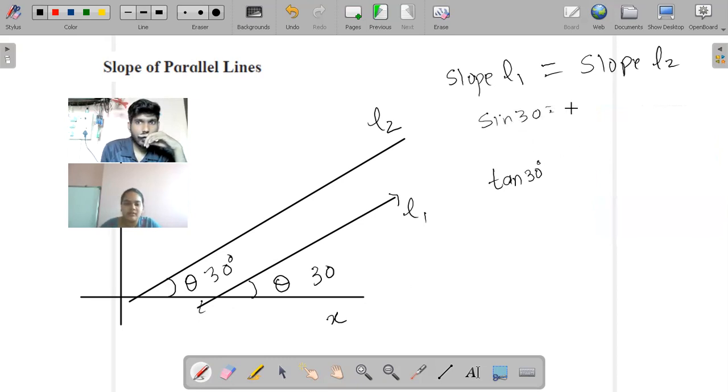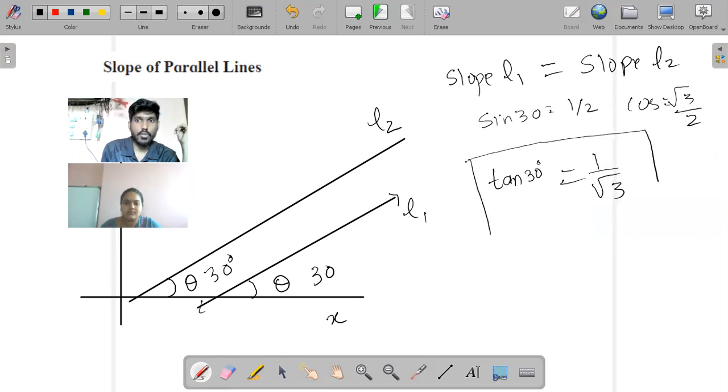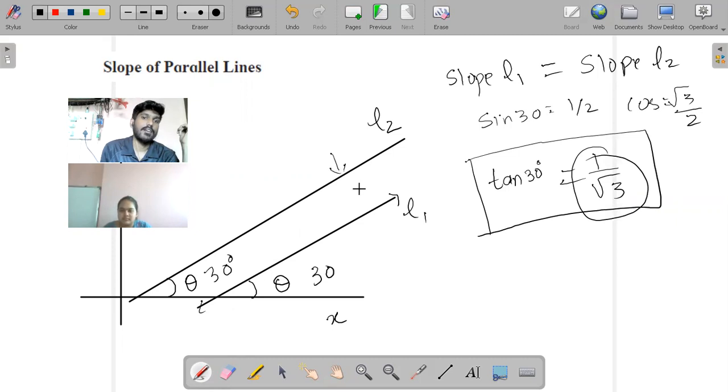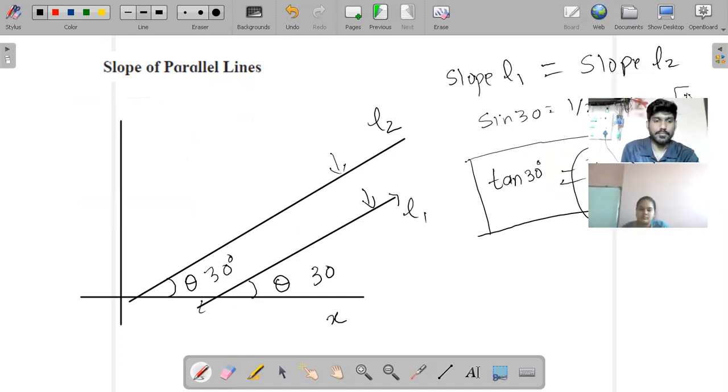I don't know, one second. Yeah, 1 upon root 3, correct. So both will have the slope 1 upon root 3 and they are parallel to each other. So from here, what we can conclude is parallel lines have the same, equal slopes.